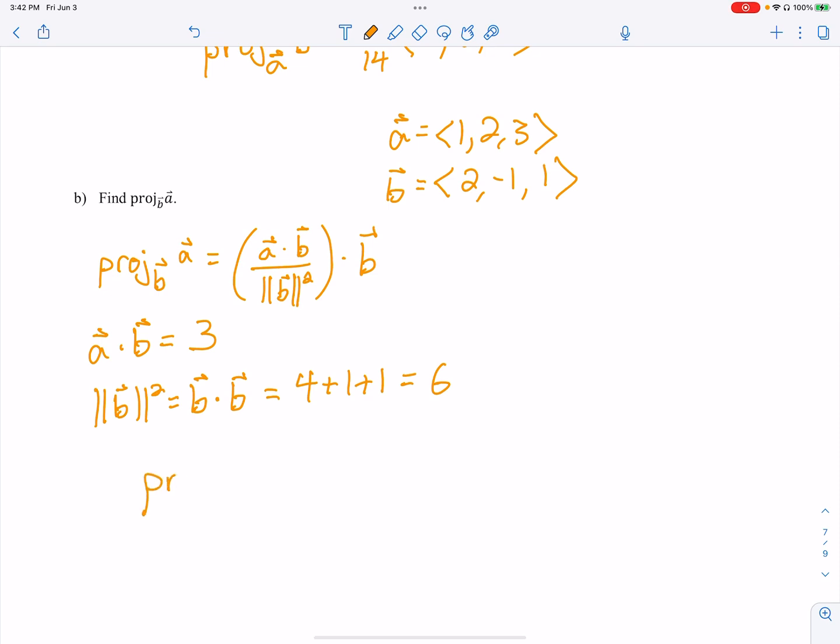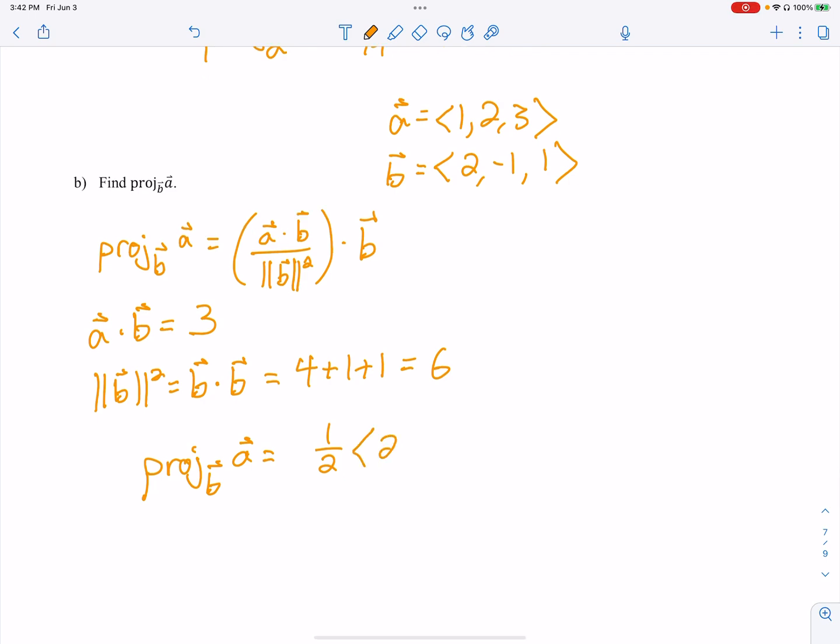So the projection of A onto B is going to be 1/2 times, we don't even need the parentheses, times vector B, which is 2, negative 1, 1. That is the projection of A onto B. Like I said, the worst part of these will be the formula and trying to remember it. Outside of that, they're just dot products and magnitudes. Nothing too crazy.